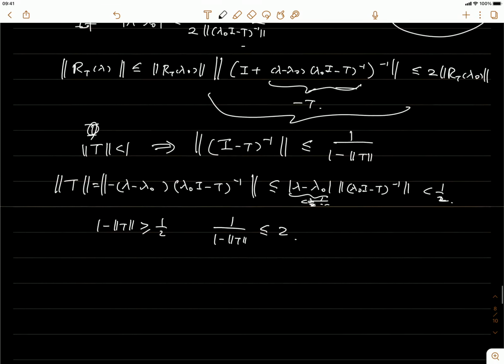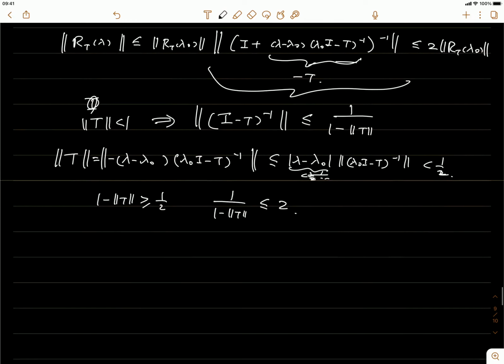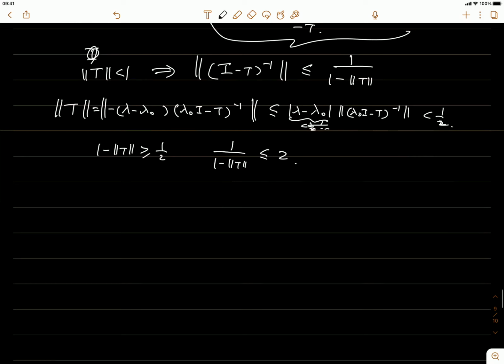Okay, now we are ready to show that the resolvent is continuous at lambda naught, because by the first resolvent identity, we know that RT lambda minus RT lambda naught, this is like lambda and mu, is equal to lambda minus lambda naught times RT lambda times RT lambda naught.